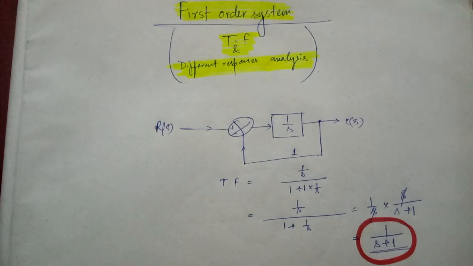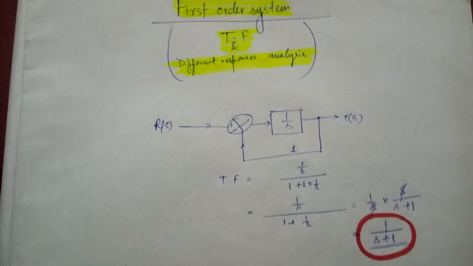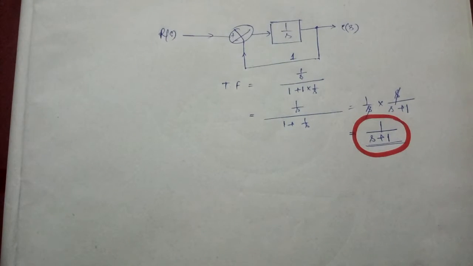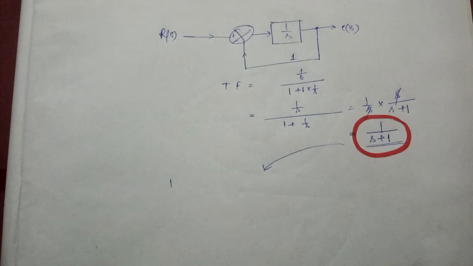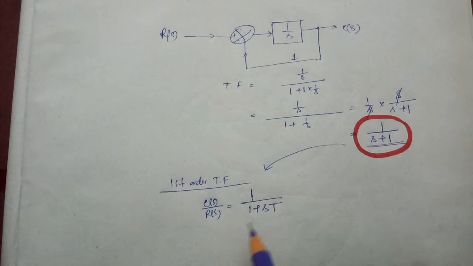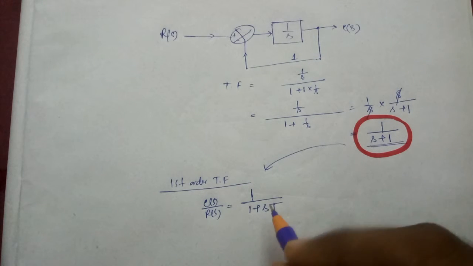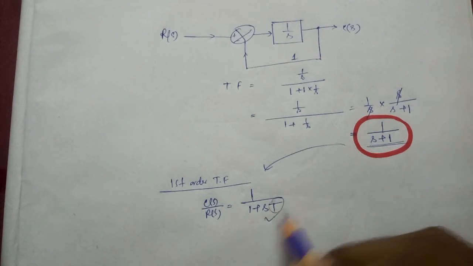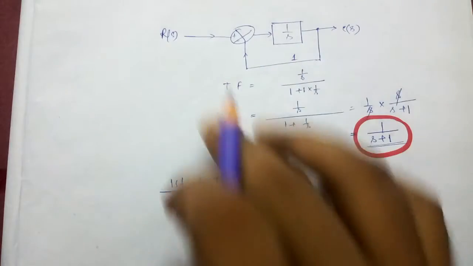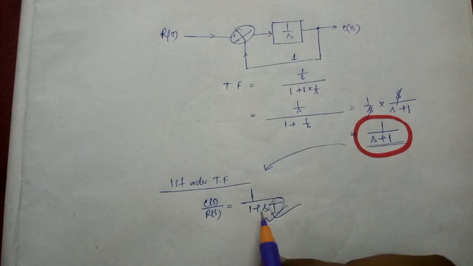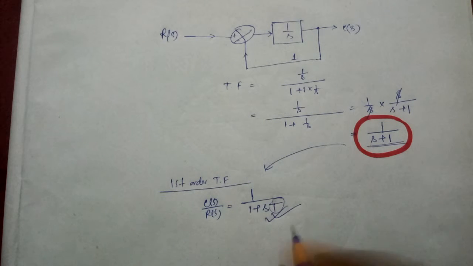So this is first order, but in general case we represent the first order transfer function as 1 by 1 plus sT. We multiply this T part because there can be different kinds of systems, so the gain value can be different, and without 1 there can be anything.